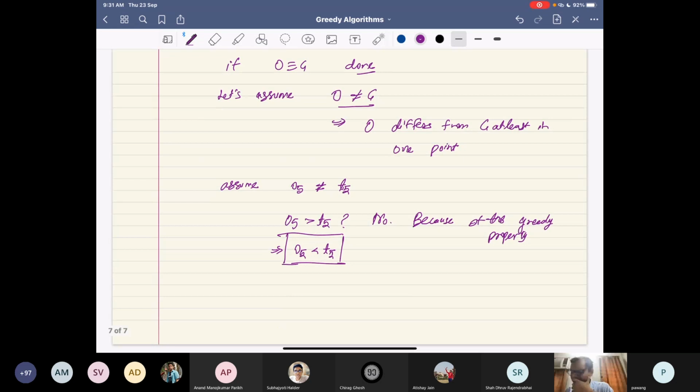So O5 is less than T5. That means what? The optimal solution is using 1 or 2 rupee coins to make change for at least 5 rupees.